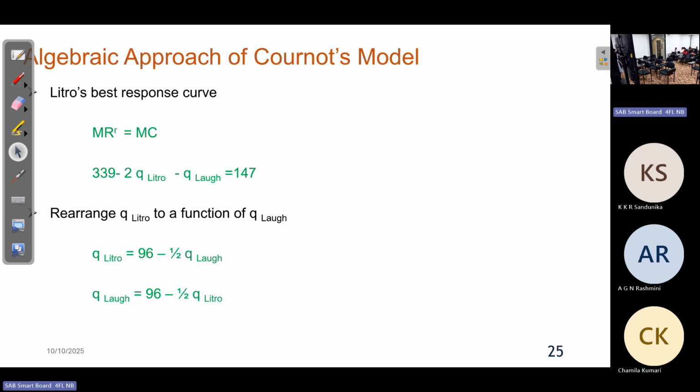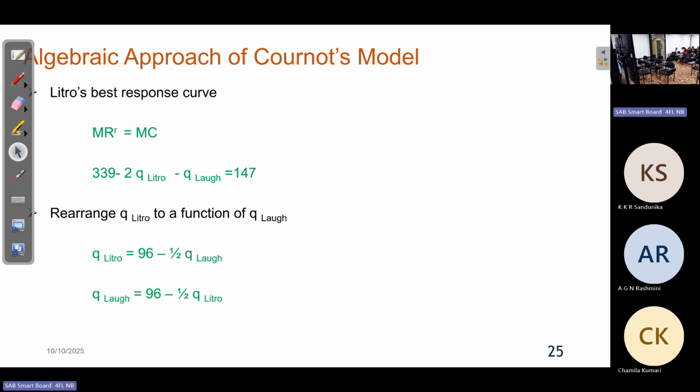Now we are going to do two maximizations, for firm 1 and firm 2. For firm 1, we expand the inverse demand curve. This Q has both Q1 and Q2. So P is 339 minus Q1 minus Q2.